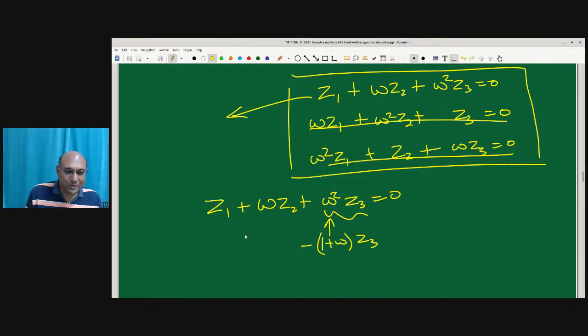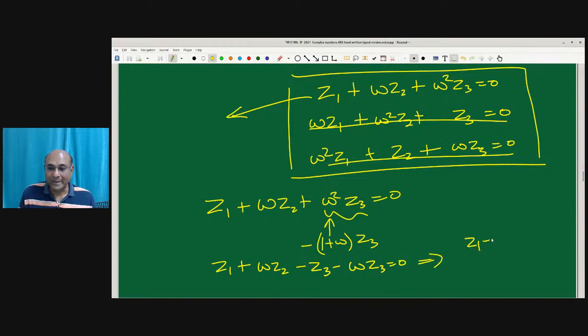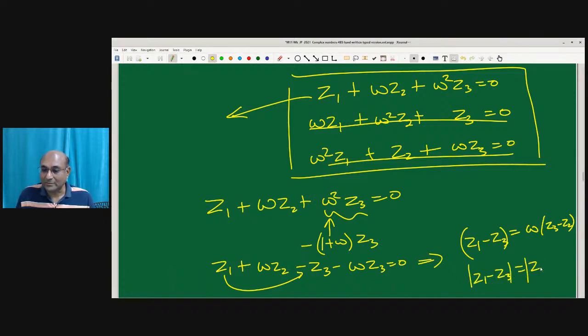So that means if I now join this, I can write Z1 plus omega Z2 minus Z3 minus omega Z3 is 0, which means Z1 minus Z3 is equal to omega times Z3 minus Z2, which means length of Z1 minus Z3 is equal to the length of Z3 minus Z2.